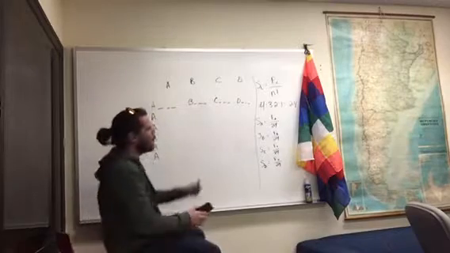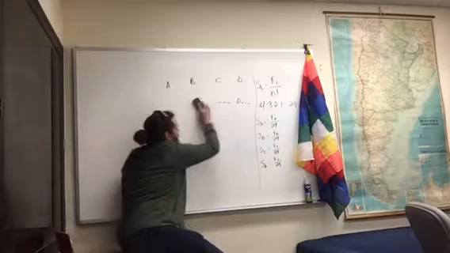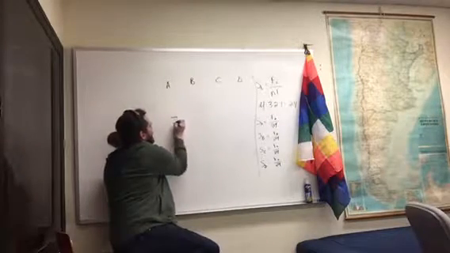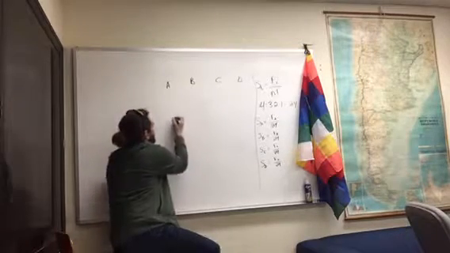When we think about this, though, what the F is asking us to do is, under all the possible permutations, let's see.